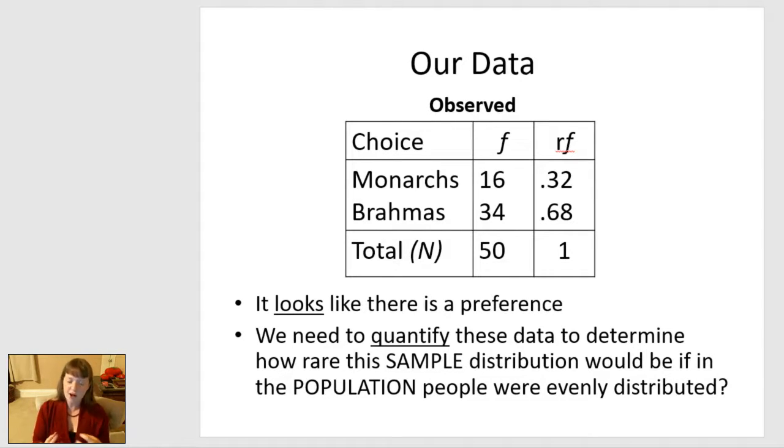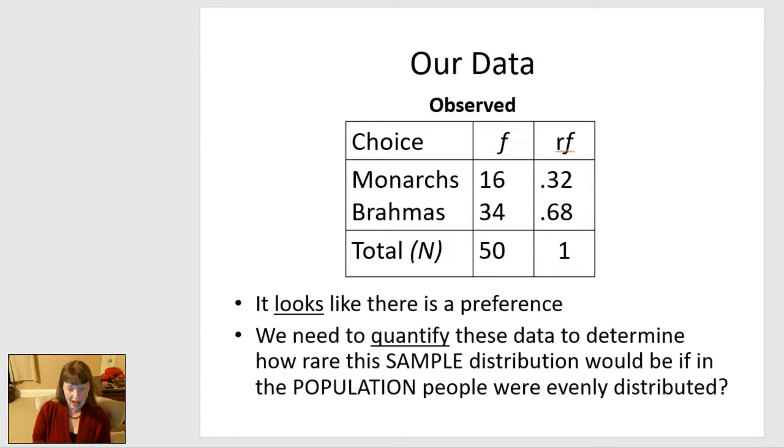We have to figure out how unlikely a sample with this distribution, 16 to 34, would be if in the population, the real distribution is 50 to 50, right? How likely is a 68% to 32% split if in the real population, the real split is 50-50?